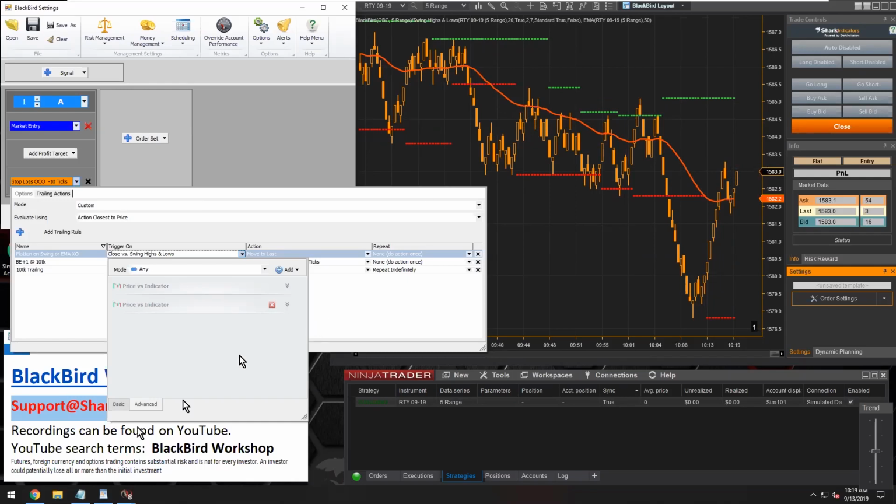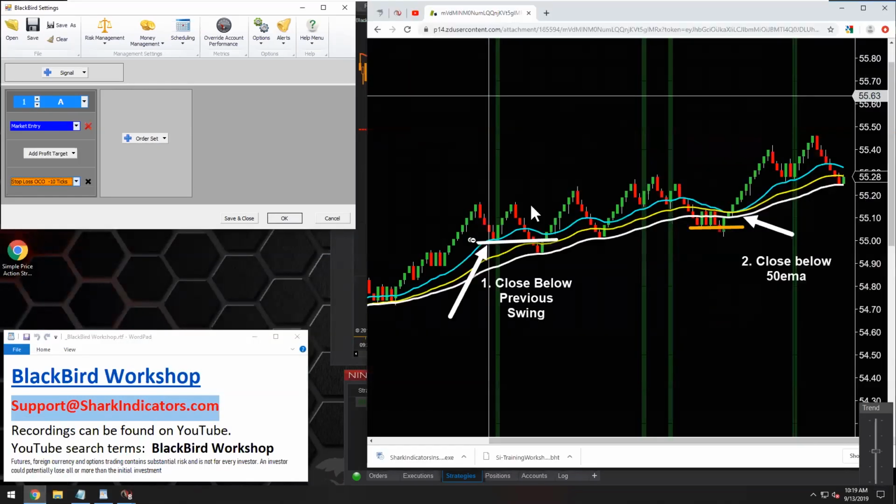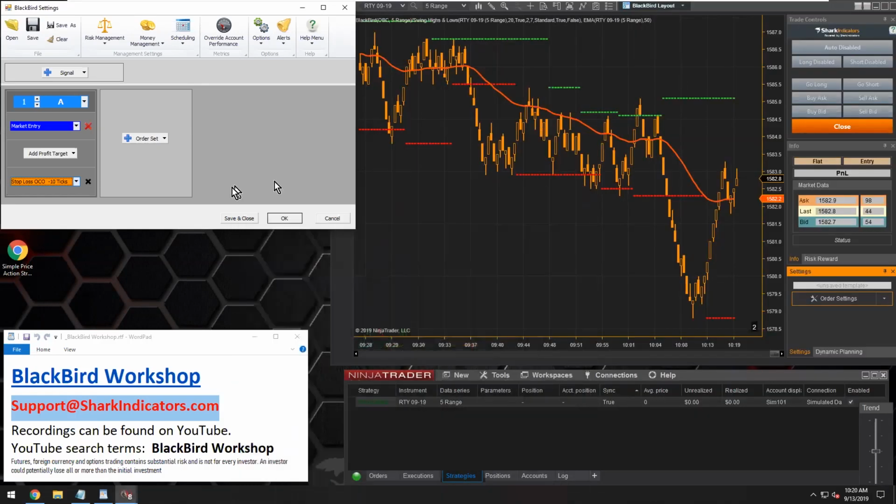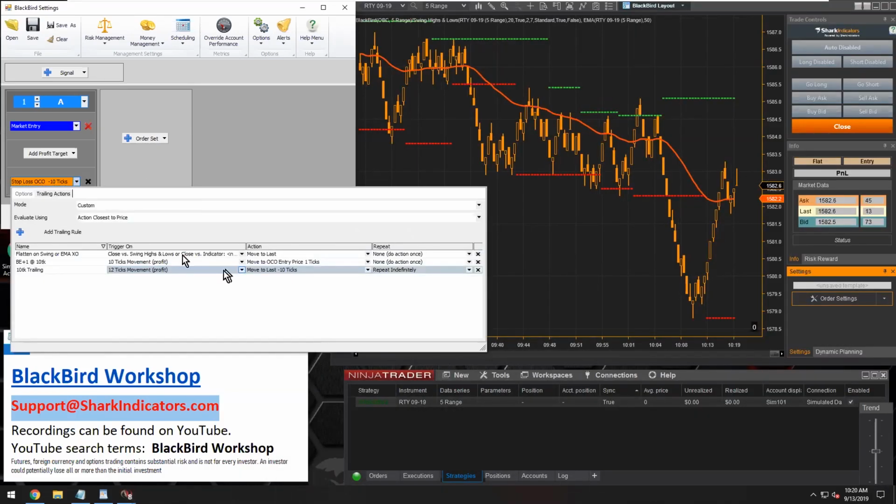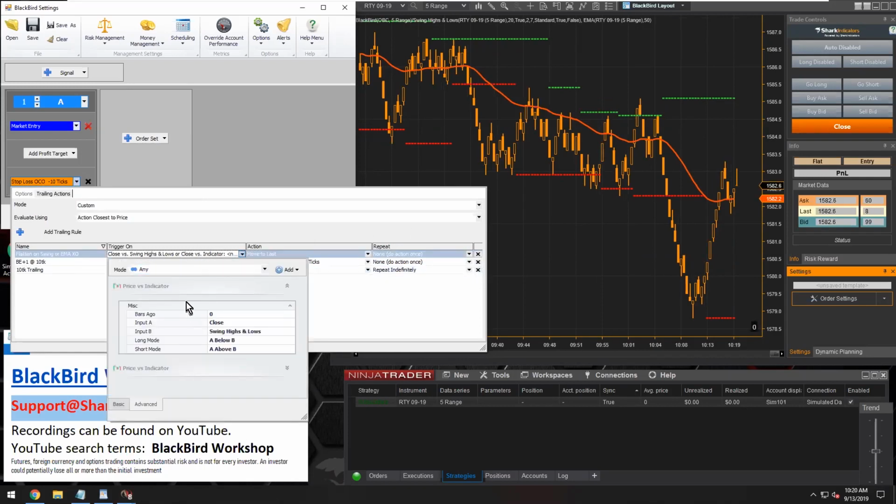But if we go back to the screenshot, it looks like it's not going to be an issue if you're only taking long trades in a good strong uptrend. Let's round this out and finish this up.